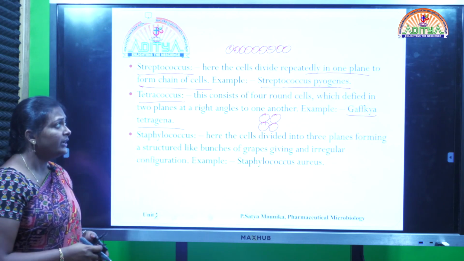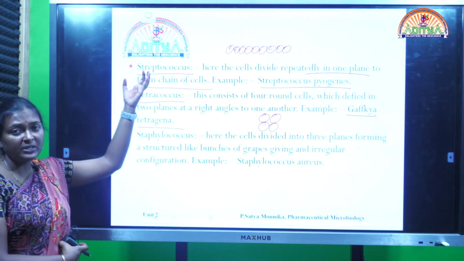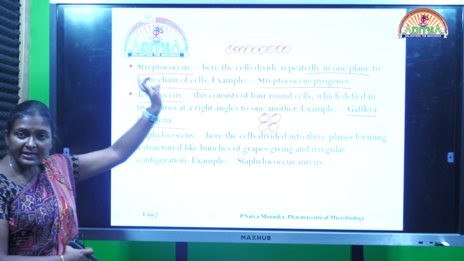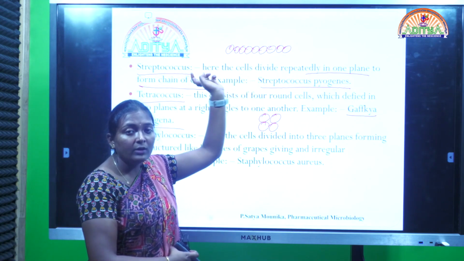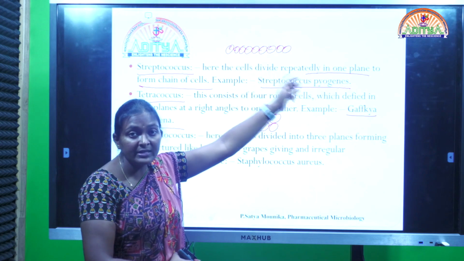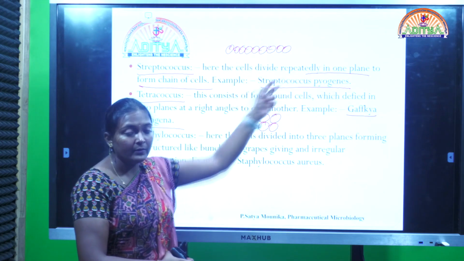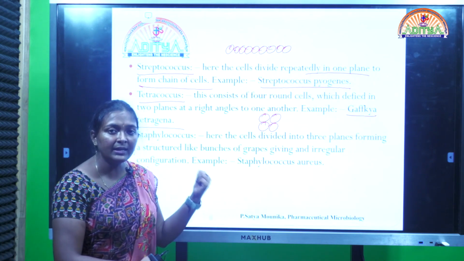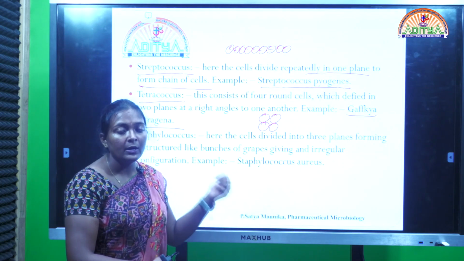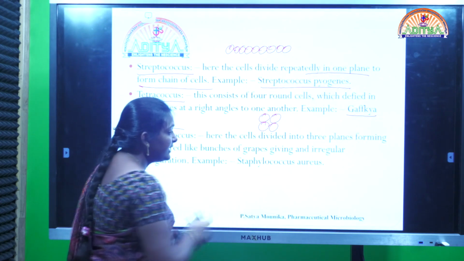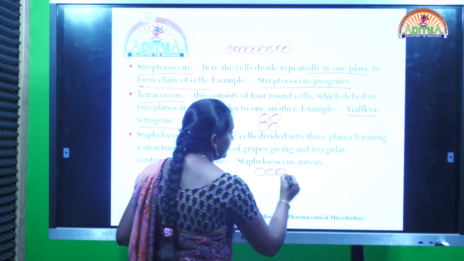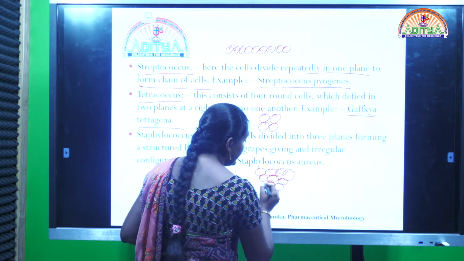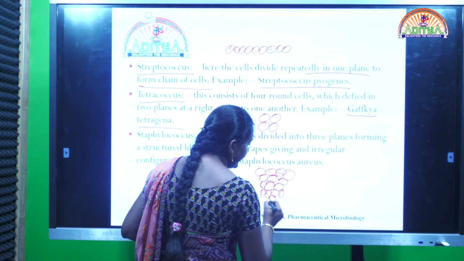Now coming to the next one. We have already observed Streptococcus. The difference between Streptococcus and Staphylococcus is that in Streptococcus a single cell divides repeatedly, giving a number of cells arranged in a chain. In Staphylococcus, a single cell is also divided multiple times repeatedly, so that we get a bunch of cells, but these are arranged in an irregular manner, not in a straight line, appearing like a bunch of grapes.